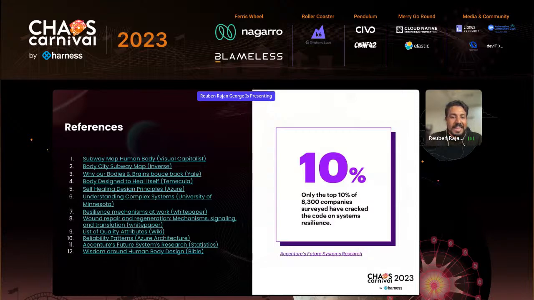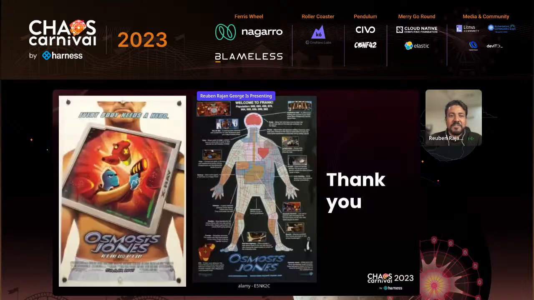And a final takeaway on a lighter note is, I'm not sure if you have seen this when you were a child. This is Osmosis Jones, a 2001 live animation action crime comedy. What's interesting about this movie is this depiction of the human body as one smart city with the mayor and police department.